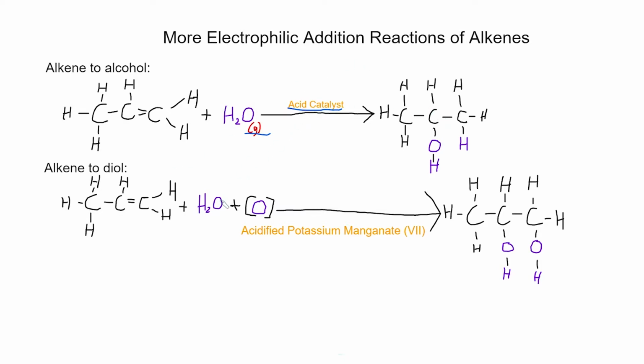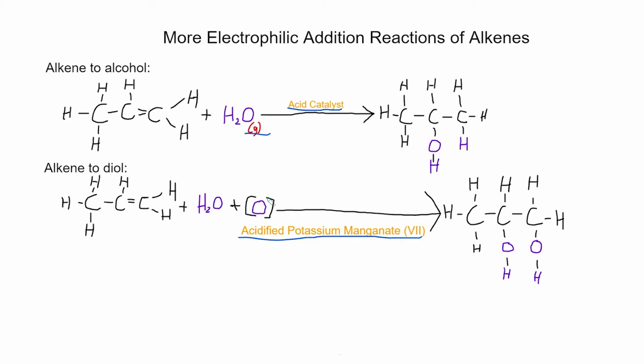But secondly, if we want to oxidize that alkene even more, we can add that alkene to acidified potassium manganate 7, an extremely potent oxidizing agent. The acidified part provides the hydrogens, while the potassium manganate provides the oxygens.